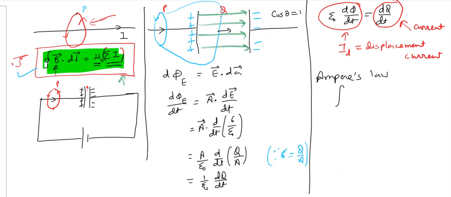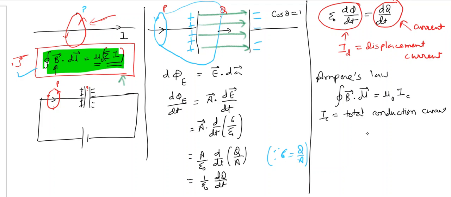What is Ampere's law? That closed integral B dot dl is equal to mu 0 I. I am dropping the sigma notation. We'll consider IC to be the total conduction current. What do you mean by conduction current? The current which is because of flow of charges.